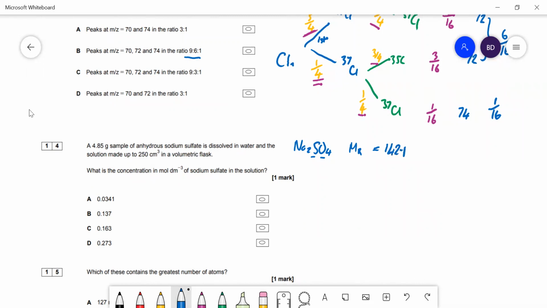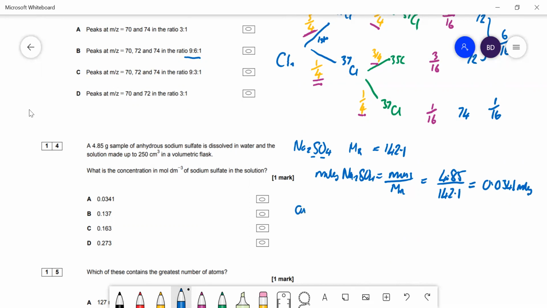Right, so how many moles of it have we got? Moles of sodium sulfate is equal to mass over Mr. That's 4.85 over 142.1, which gives us 0.0341 moles.